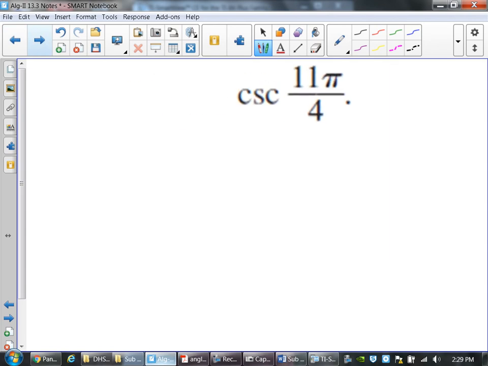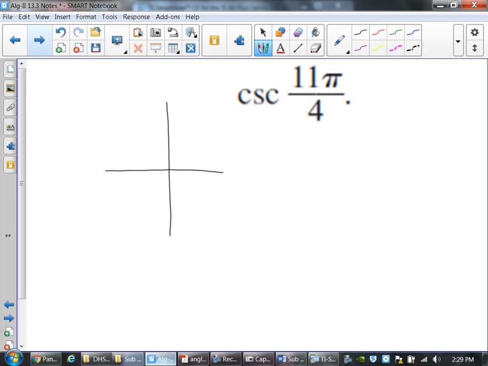Cosecant 11 pi over 4. First of all, cosecant is the inverse of which trig function? Sine. Once again, 11 pi over 4. 4 goes in 11 how many times? 2.